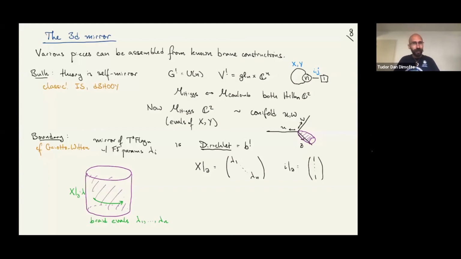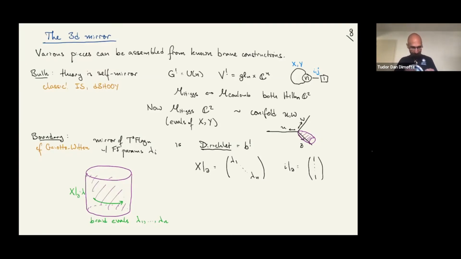And here it's fixing X, one of the adjoints, and one of the fundamentals. The complex FI parameters that were resolutions of this flag manifold have now just become fixed eigenvalues of the adjoint field X at the boundary. So this is just phenomenally simpler than what was happening on the other side.